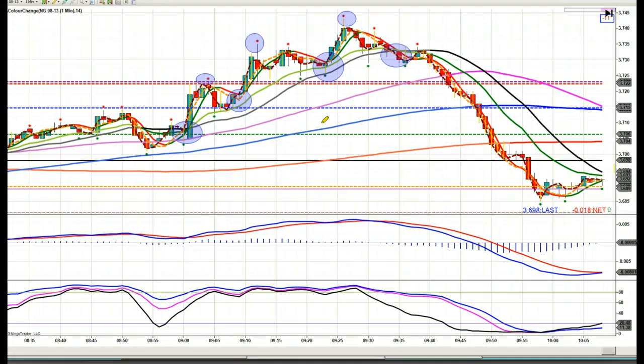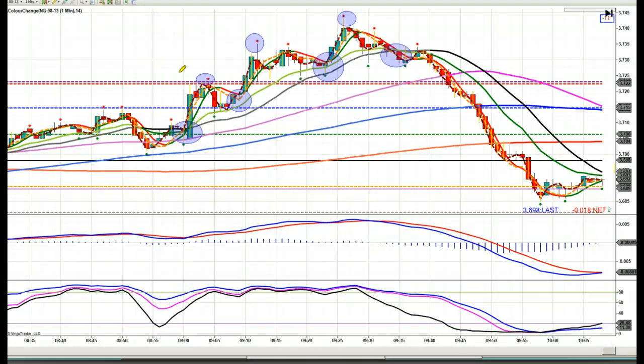Now, there's one thing that you want to define in terms of timing if you are going to go with the trend. I always tell people there's always two really good moves on a trend. Let me put it this way.